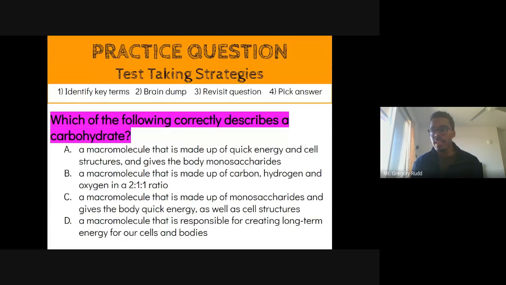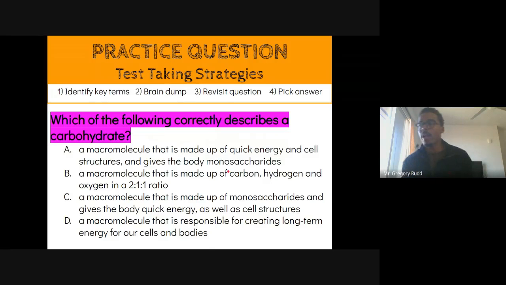But when I really look at this answer choice and the way it's written, it says that it's a macromolecule that is made up of quick energy. That's not true. We know that it provides quick energy, but it's not made up of quick energy. So, the process of elimination, we're going to cross that out. That can't be right. Then I want to move on.